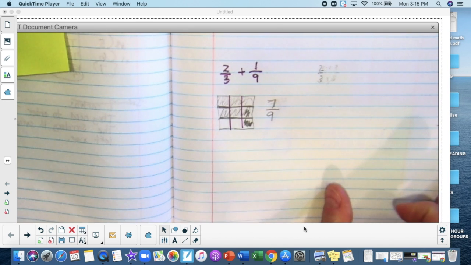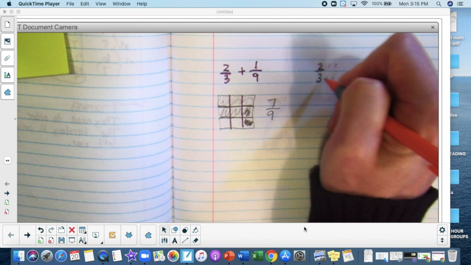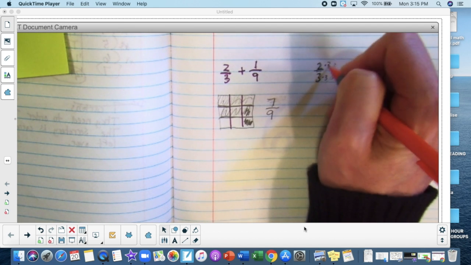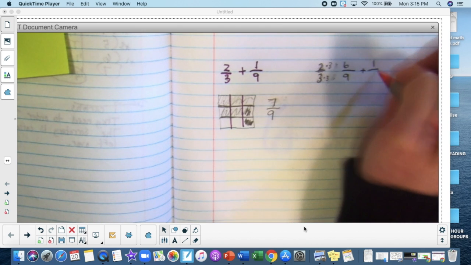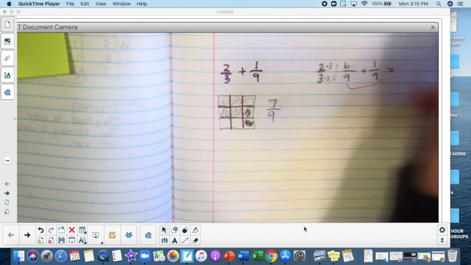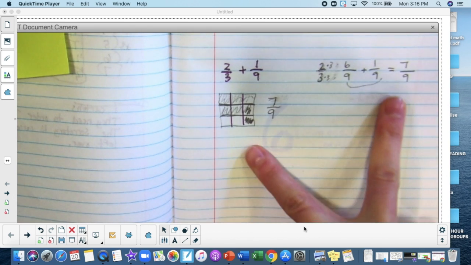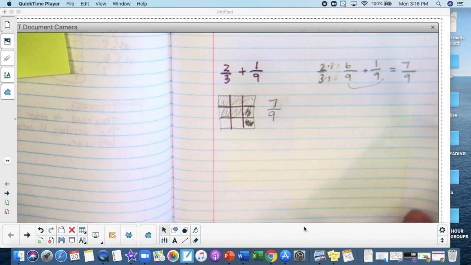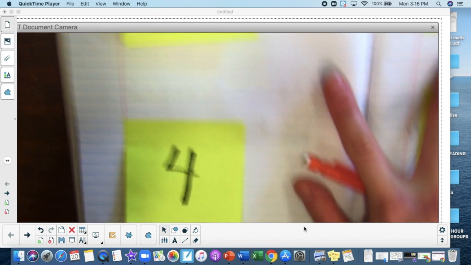Now, if you do it another way, you can say 2/3. I'm going to convert this to 9ths. So that would be 6 ninths plus 1 ninth. Now that my denominators are the same, I can add. And I have 7 ninths. So there's 2 ways that I can add fractions. We're going to see this model again later on in the math review.